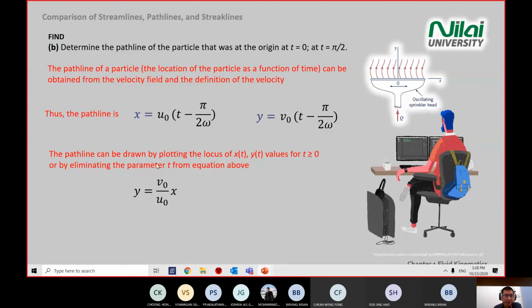So the path line you plot on the locus value of t more than 0, meaning your time equal more than a positive value for your t. Because you're seeing these two things, these two terms is almost the same. All right, then you can write this one together.